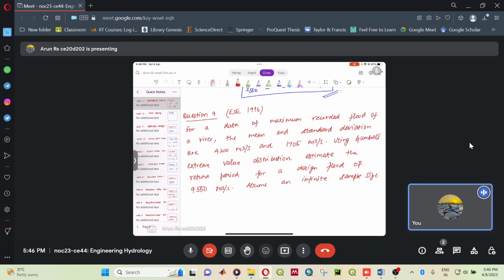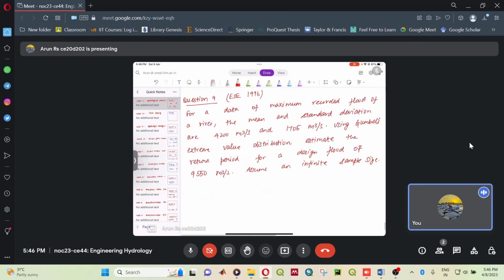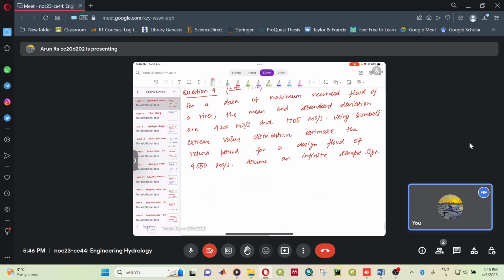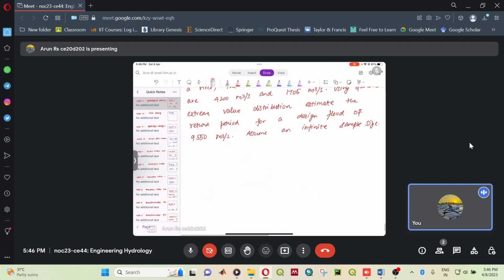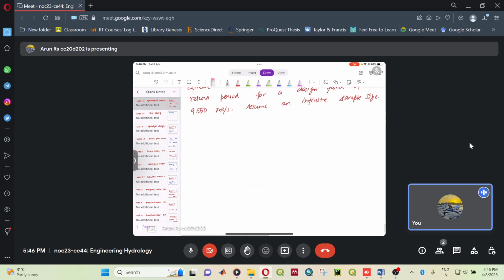So the last question for today's session is an Engineering Services 1996 mains exam question. In this, for data of maximum recorded flood of a river, the mean and the standard deviation are given. Using Gumbel's distribution, we need to estimate the return period for a flood of 9,550 meter cube per second, and here we can assume the infinite sample size.